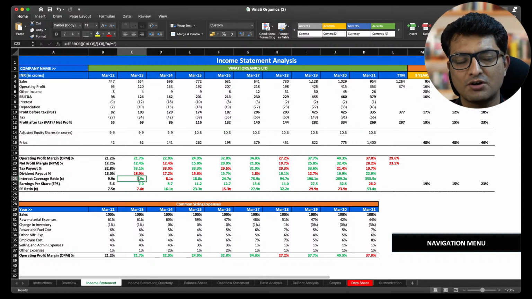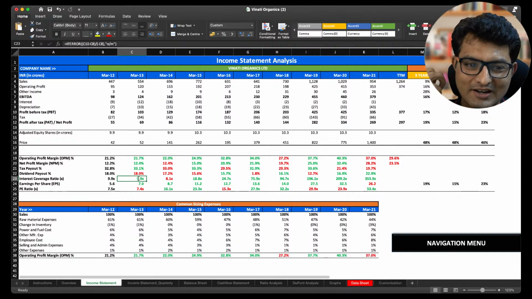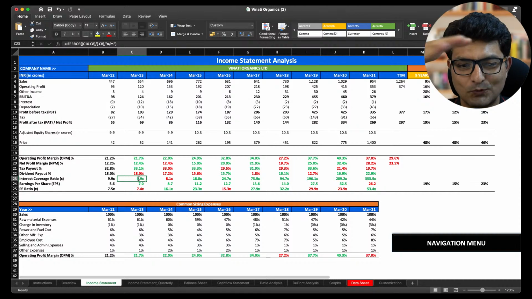Now, suppose your interest component is 25,000 and you are left with 50,000. It tells you that you are 2x covered if you want to pay just the interest component. And if the interest is 50,000 and 50,000 is your leftover money, it says you are on the border. You are not even able to pay the principal. You are just floating there.